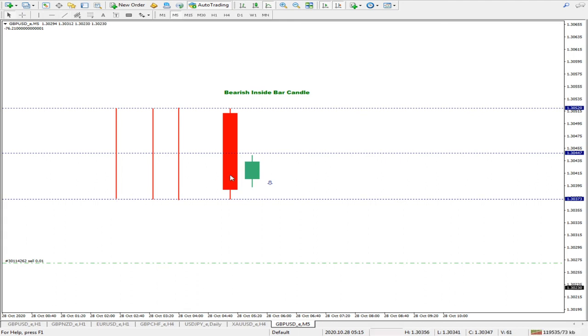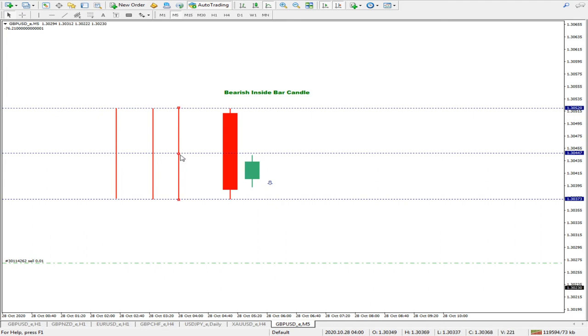So whenever you enter a trade here, when you have a pending sell limit at this price, your first take profit needs to be fixed at this point. It's almost guaranteed that if the price pulls back up to this point, we are likely going to see a test of this level. So when the price pulls back up to this point, take a sell position, but have your first take profit at this price.